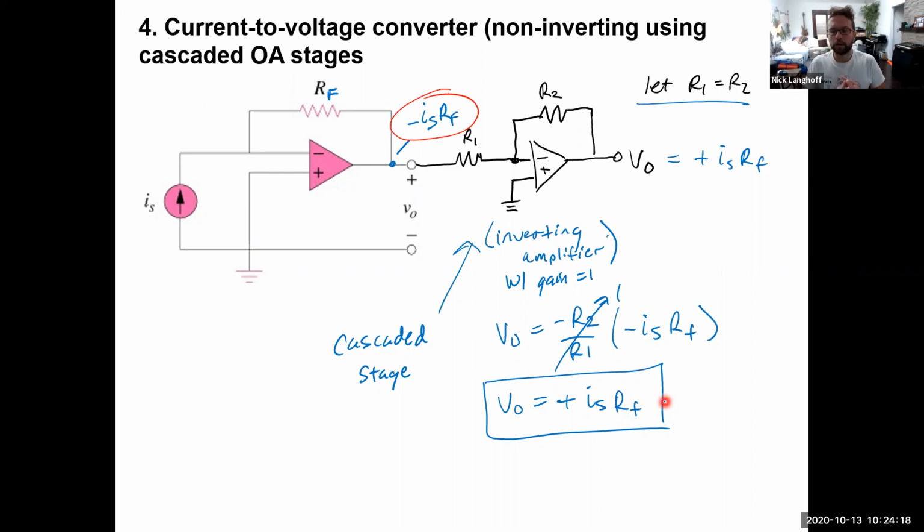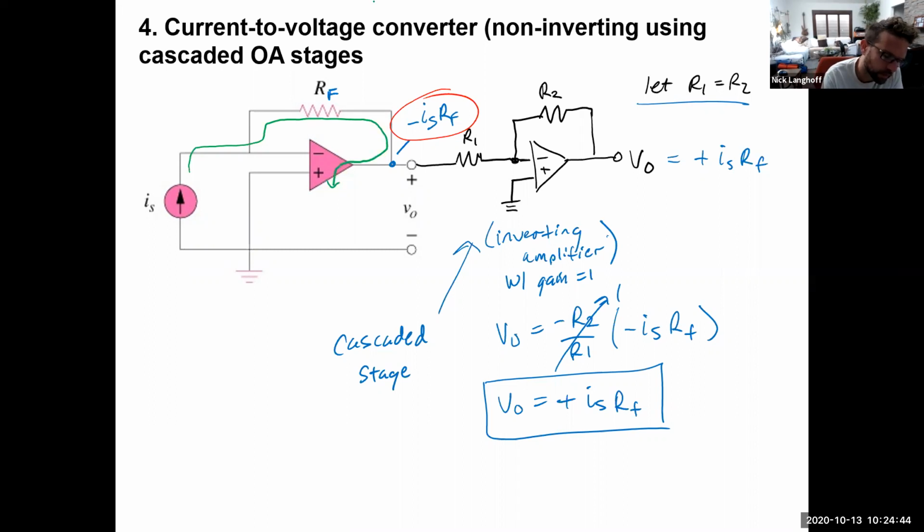Now, one of the things that takes some getting used to when you see cascaded stages is realizing what the op amp had to do before. Before we even connected the second amplifier, it had to take this current from IS and sink that down here.